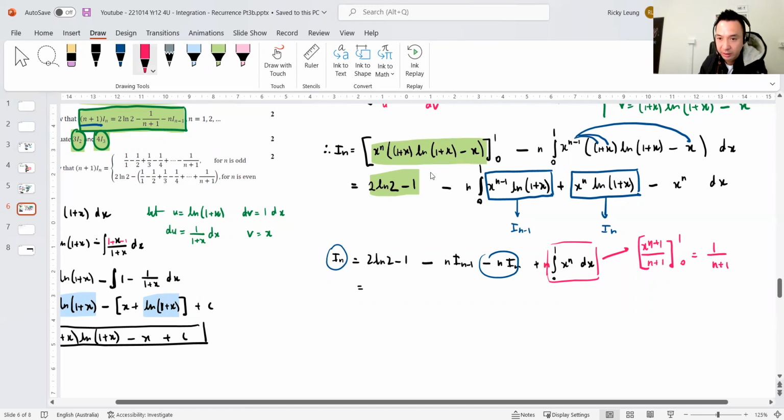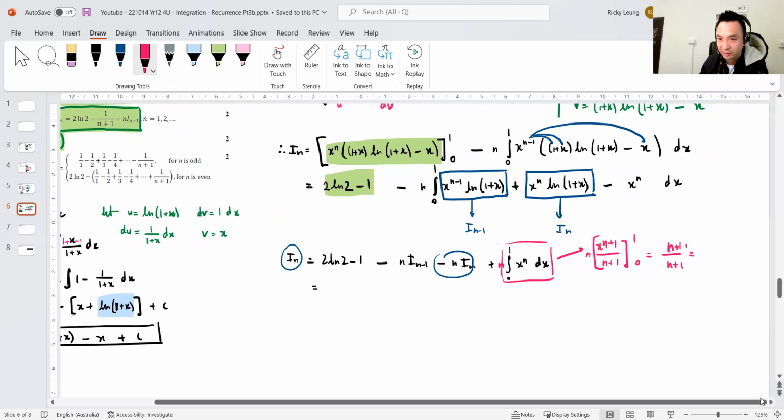So that should be n in front, and that should be n. Yes, because then when I split this by plussing 1 and minusing 1, wow. How many marks? 2 marks. So that becomes 1 minus 1 on n plus 1. And that 1 there, and that plus, yeah, perfect. We'll cancel out.